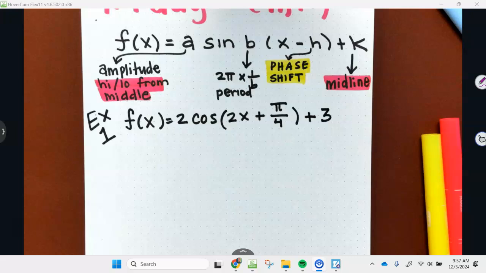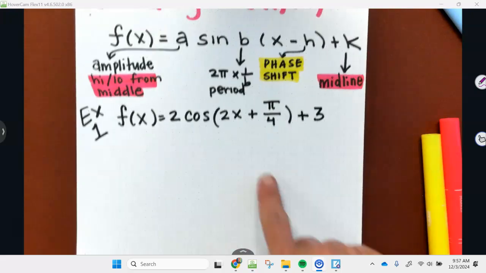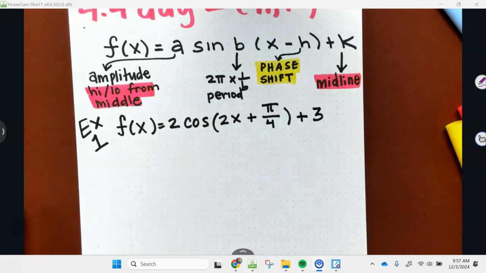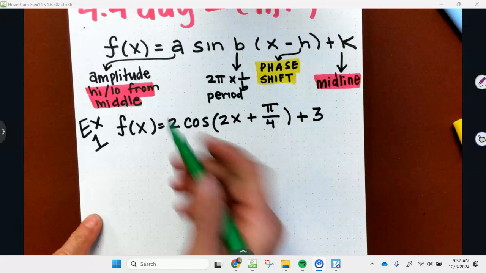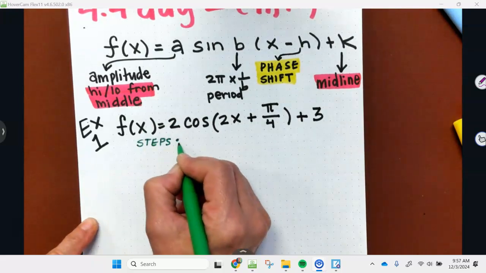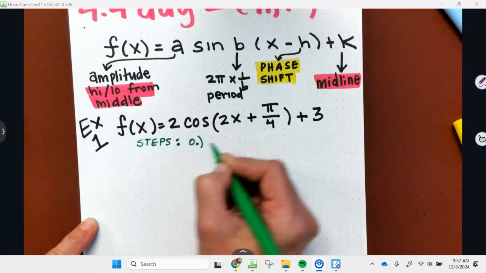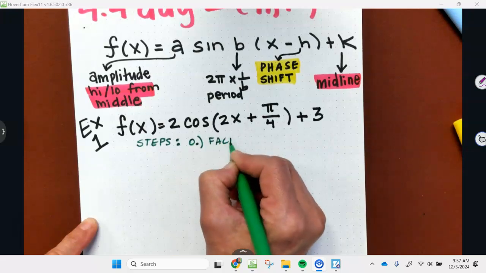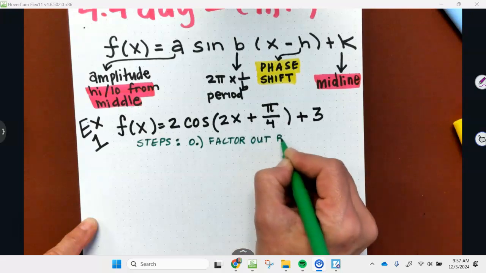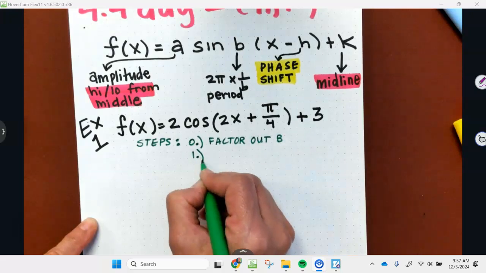All right, let's talk about your steps. You actually have a step 0. Look, you have a plus, you got to take that b out. You have to factor out that b. So let's talk about steps for a moment. I'll write them right here. 0. Factor out b. Number 1.